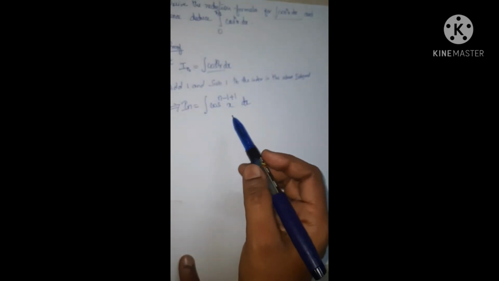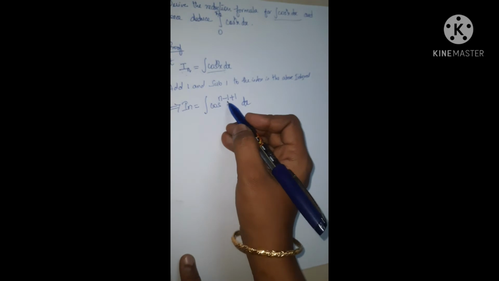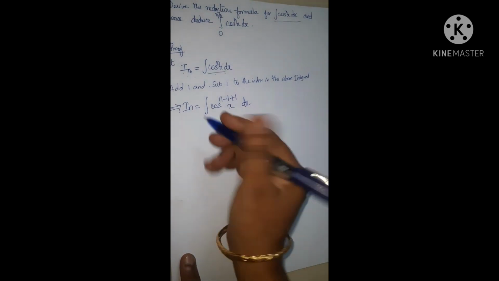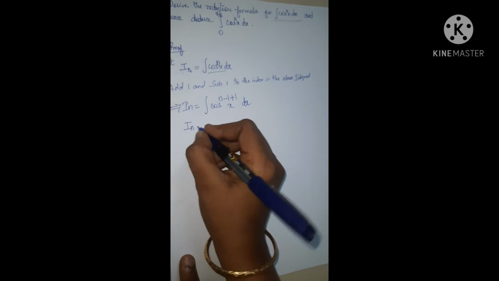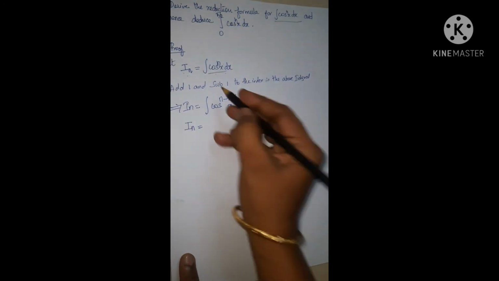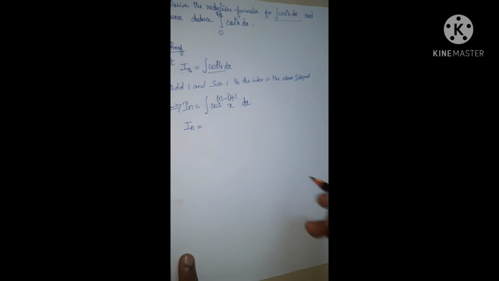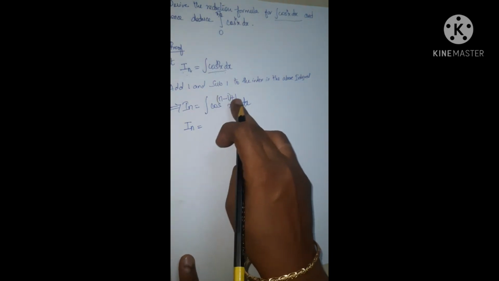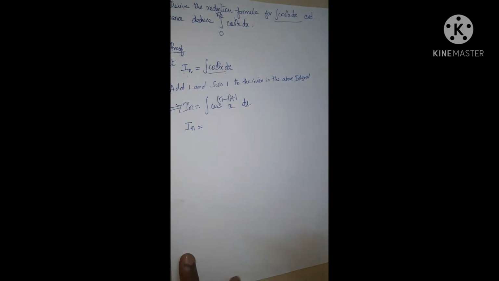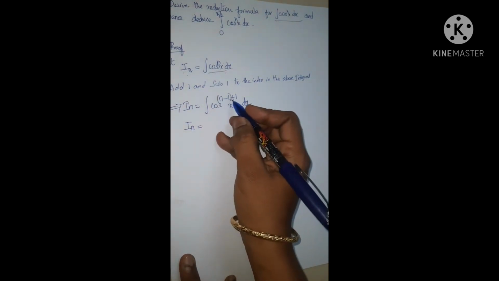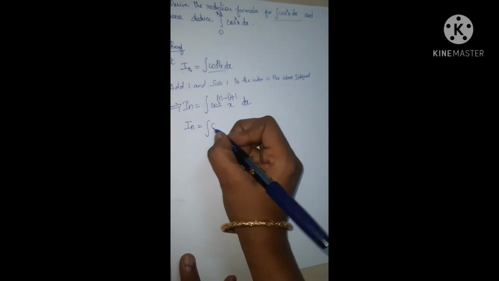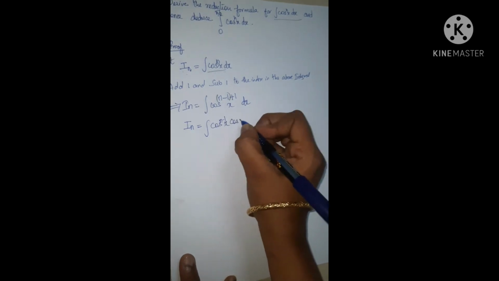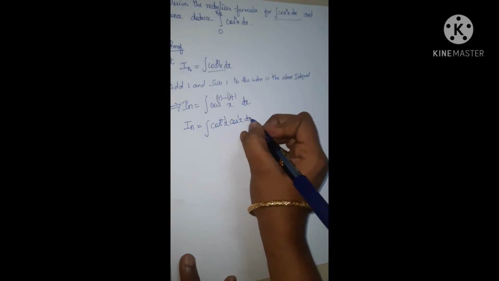What is this going to give us? cos^(n-1+1) x dx. So the next step is I_n is equal to, I am going to pair the power n minus 1 as one function and cos power 1 as another function. So this cos^(n-1+1) can be split as cos^(n-1) x times cos^1 x dx.